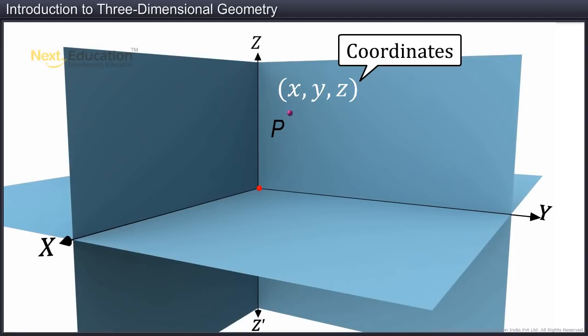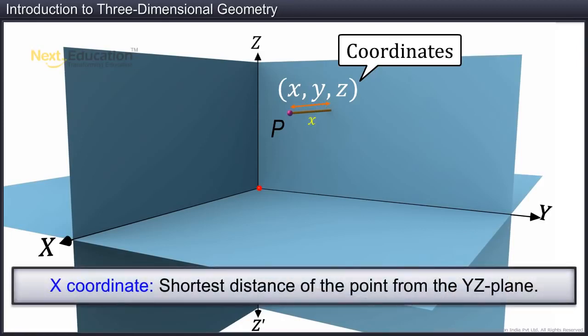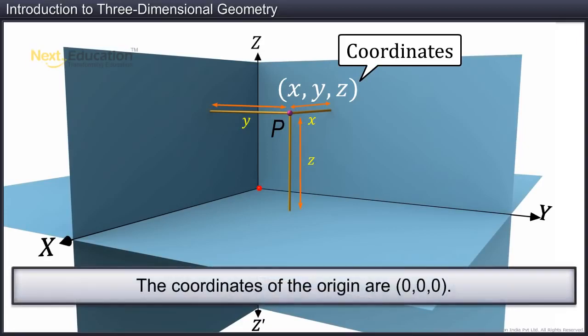For example, the coordinate x determines the shortest distance of the point from the yz plane. Similarly, the y-coordinate represents the distance of the point from the zx plane, and z represents the distance of the point from the xy plane. The coordinates of the origin are 0, 0, 0.